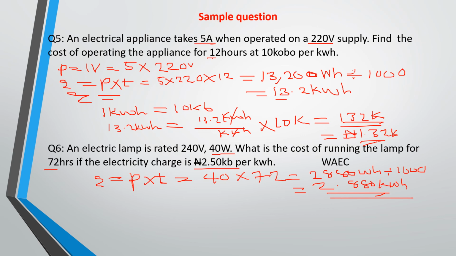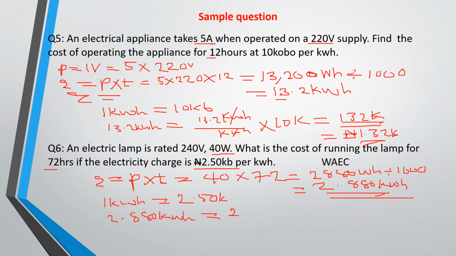Okay, so now you have known the energy consumption, but what is the cost of this energy that you consume? We are told here that 1 kilowatt hour is equal to 2 naira 50 kobo. Okay, so 2.880 kilowatt hours will be equal to how much?